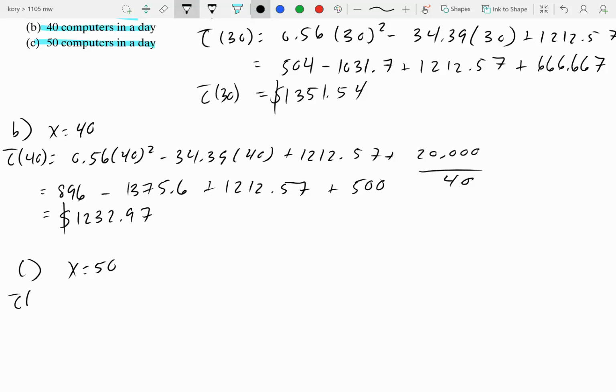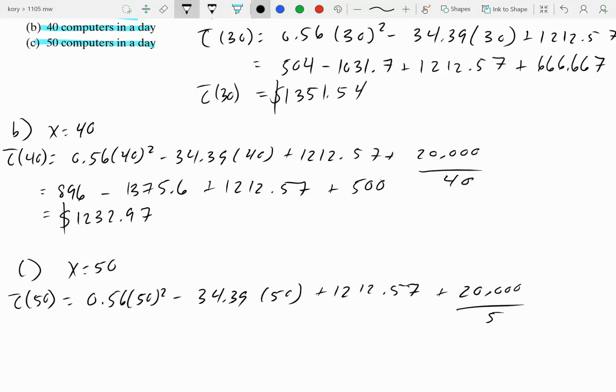Alright, part C. x is 50, so doing the same exact thing except putting in 50. So we have C of 50 equals 0.56 times 50 squared minus 34.39 times 50 plus 1,212.57 plus 20,000 over 50.